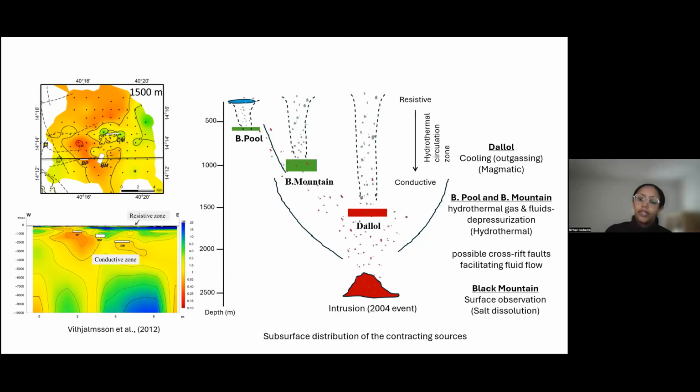But on top of that, on Black Mountain, since we have extensive salt dissolution, this is also caused by salt dissolution. If we compare the depth of Black Mountain and Bubbling Pool with the subsurface borehole data, they correspond to the potash bearing layer, where we have salt that is very susceptible to dissolution. So the Black Mountain subsidence should also be caused by these salt dissolution processes.